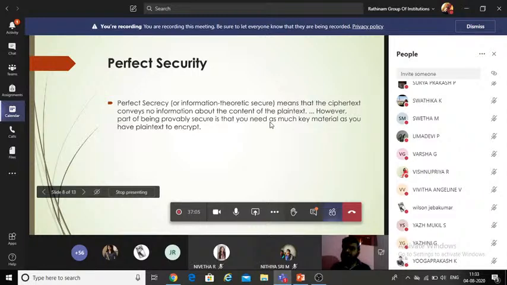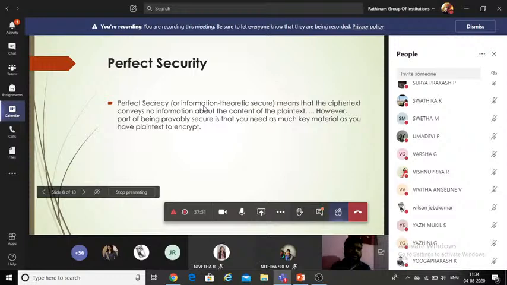Ciphertext is converted data. If the intruder gets the converted data, he is not able to retrieve the original message. He may apply any of the techniques, any of the algorithms to retrieve the message, but he cannot retrieve it. At that time my data is perfectly secured.